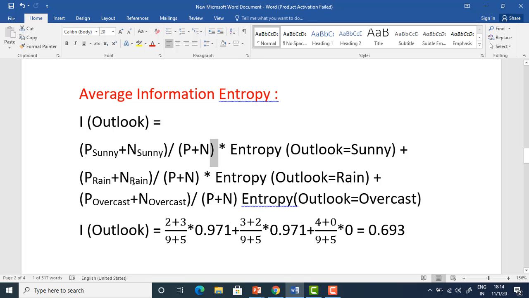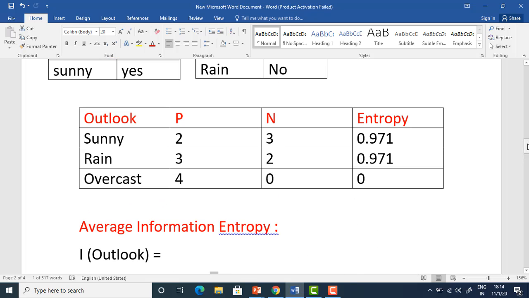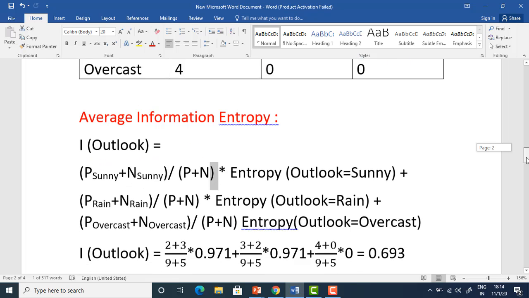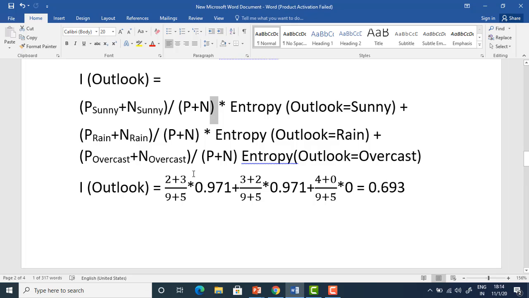Now substitute the values. We know P of sunny plus N of sunny: 2 plus 3. If you observe the table, you will get all these values from the table only. P of sunny is 2, N of sunny is 3, divided by the total P plus N, 9 plus 5.